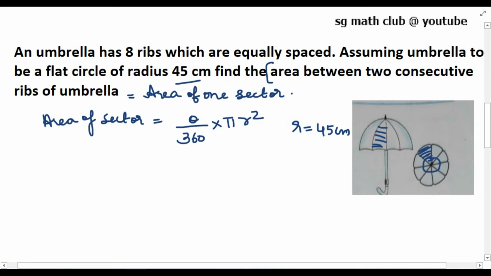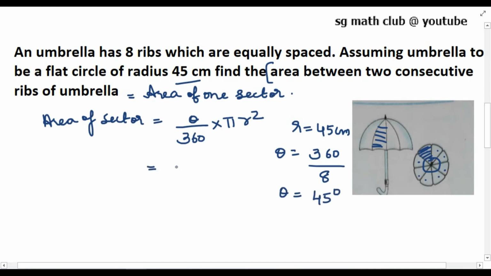Since there are 8 ribs, theta can be found using 360 divided by 8. So theta is equal to 45 degree.